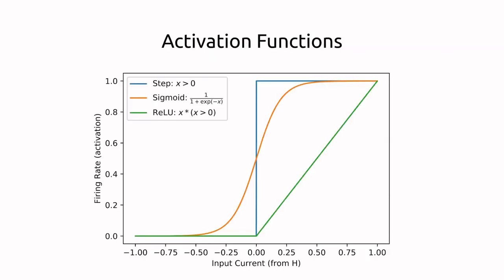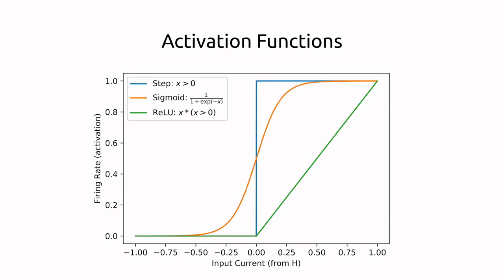But for now, let's assume that we have some synapse model H that converts spikes to current and that it transmits to the neuron model F. And here what we want to do is talk about activation functions. These are functions that transform the input current into the firing rate.